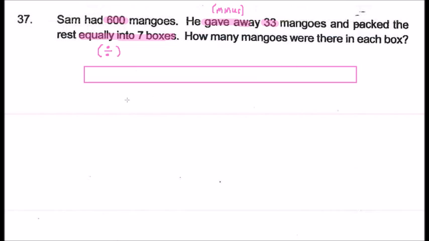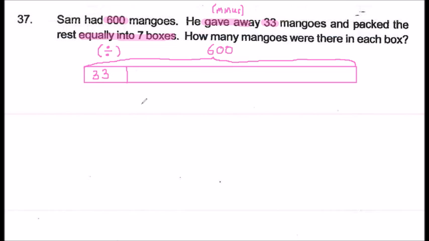Okay, a long one. So the total mangoes here, we will have 600. Okay, so you gave away 33.